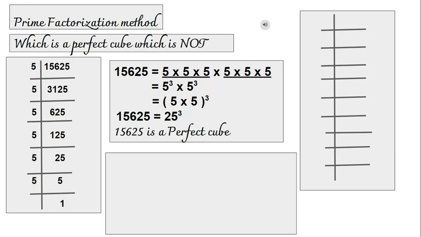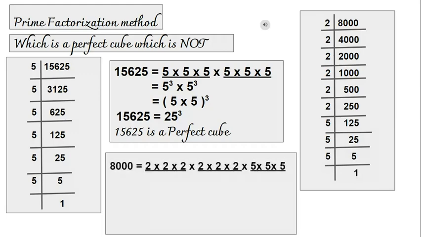First 8,000 divided by 2 is 4,000, again by 2 is 2,000, by 2 is 1,000, by 2 is 500, again by 2 is 250, by 2 is 125, then by 5 is 25, by 5 is 5, 5 by 5 is 1. So we got 2 into 2 into 2 into 2 into 2 into 2 into 5 into 5 into 5. It can be written as 6 twos and 3 fives. Again make groups of 3: 3 twos together, again 3 twos together, and 3 fives together.